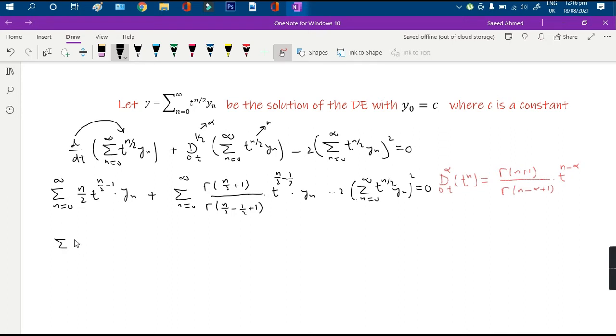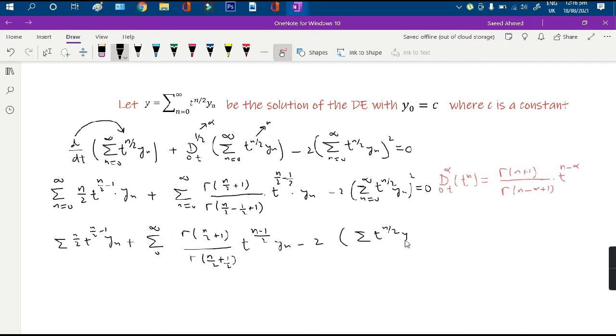So this is the summation of n/2 t^(n/2 minus 1) y_n, plus the summation from 0 to infinity of gamma of n/2 plus 1 over gamma of n/2 minus half plus 1, which is gamma of n/2 plus 1/2, times t to the power (n minus 1)/2 times y_n, and the last term again remains as it is: the summation of t^(n/2) y_n, whole squared, is equal to 0.